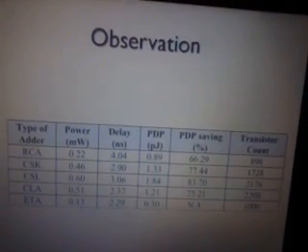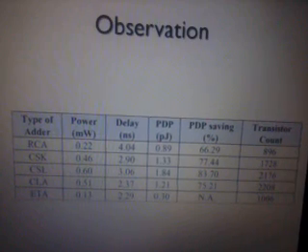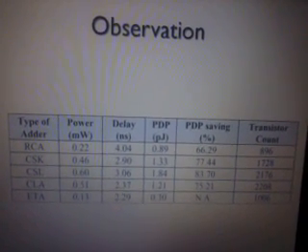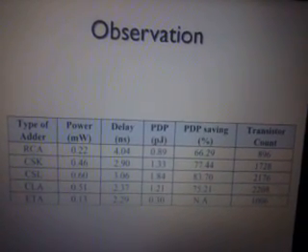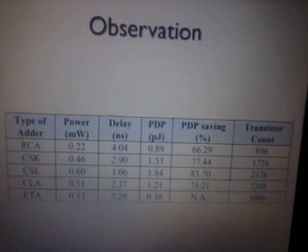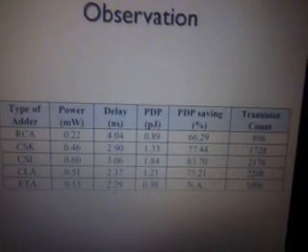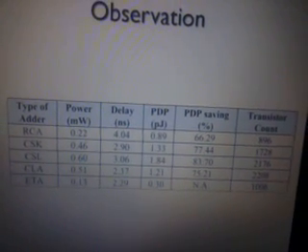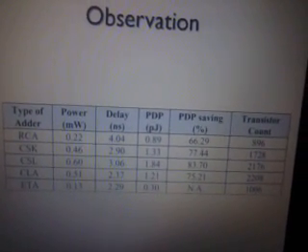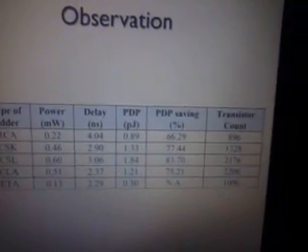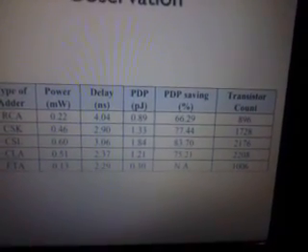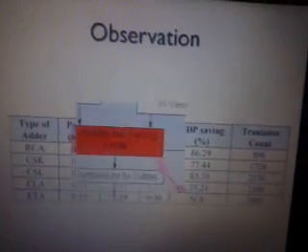This is our observation. The power consumed by ETA is less than all other conventional adders, the delay is also very low, and the PDP, that is the power delay product, is also very low. PDP saving is not applicable, and we can use only 1006 transistors.